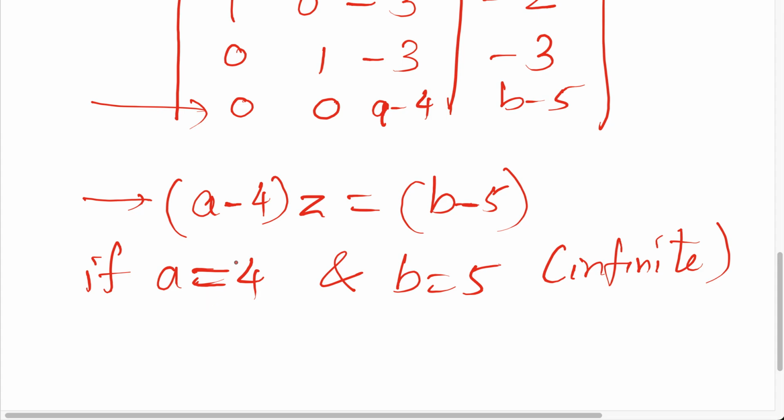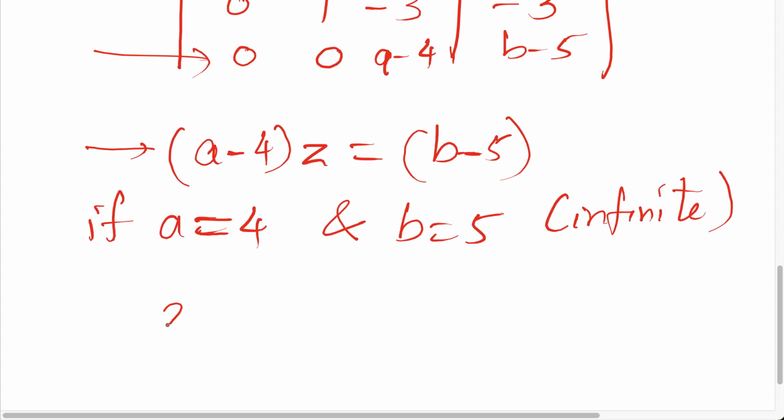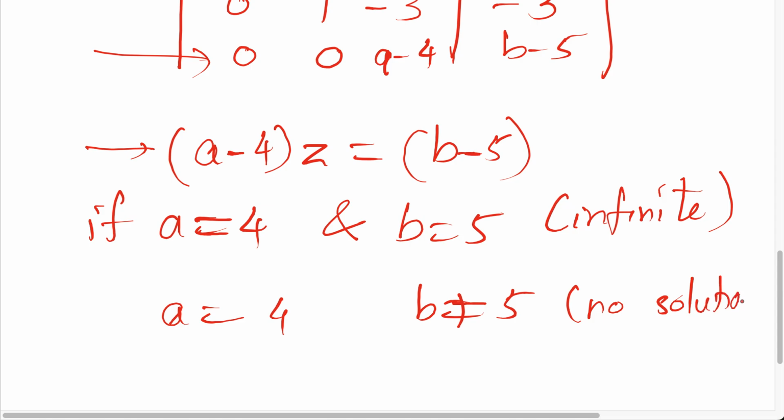However, what happens if a is 4 but b is not 5? So 0 times z is equal to something that is not 0. The left hand side is 0 but the right hand side is not, so that's not possible. So what is the condition here? No solution, which means what will happen to the planes? The planes will be parallel.